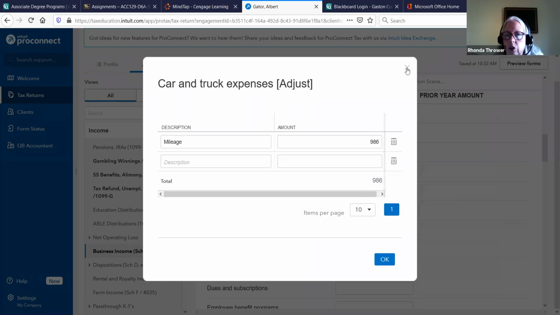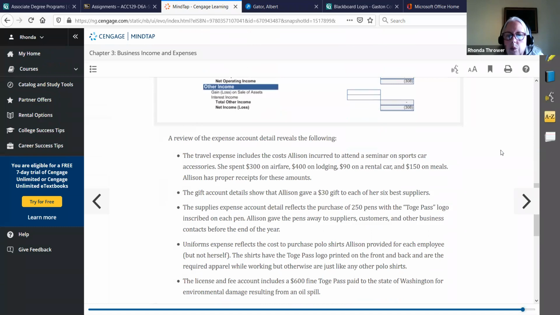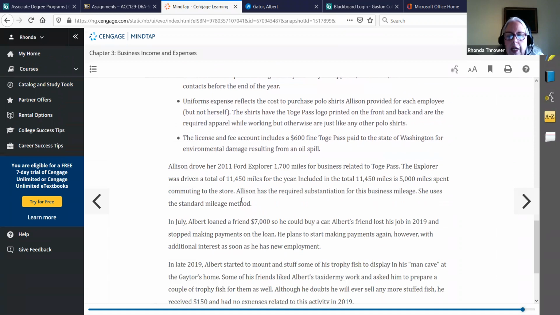So the way that we do that is look at your additional information, figure up the amount of the miles that you could be using. In the additional information that they gave you, it said Allison drove her 2011 Ford Explorer 1,700 miles for business that was related to Schedule C. So this 1,700 miles, you've got to put a dollar amount on that.